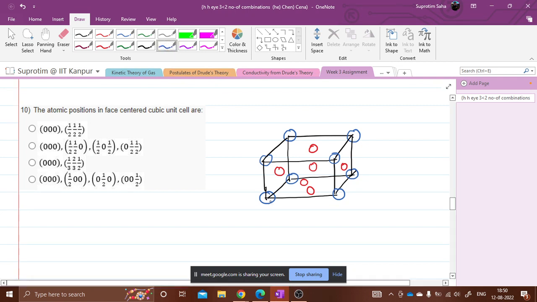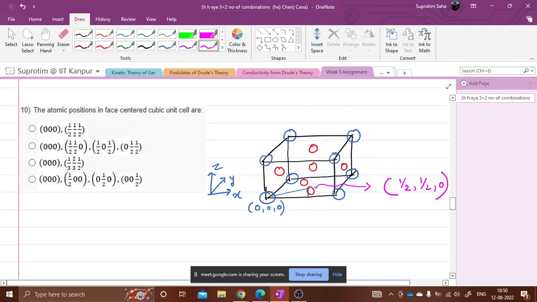So consider this as origin. This is the coordinate axis, this is x, this is y. So this will give you half half 0. This is 0 0 0.